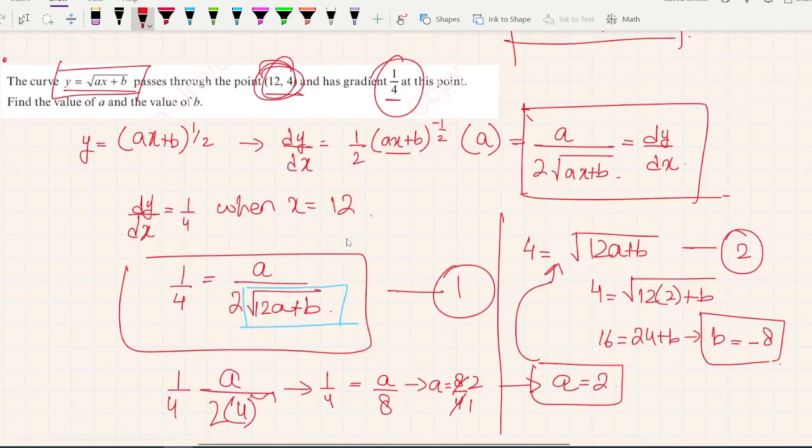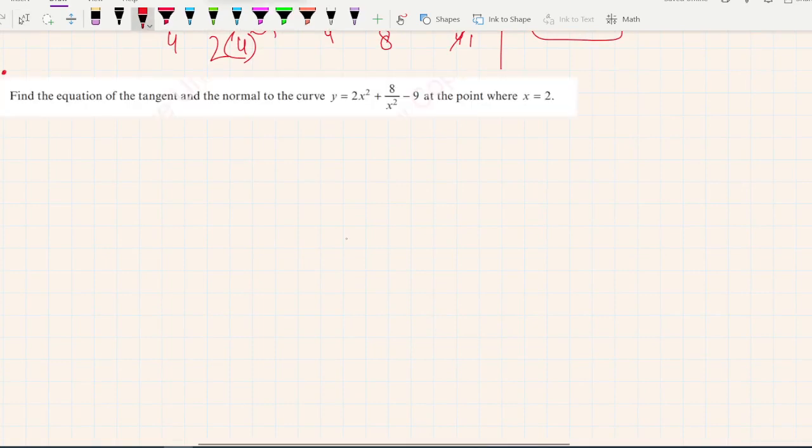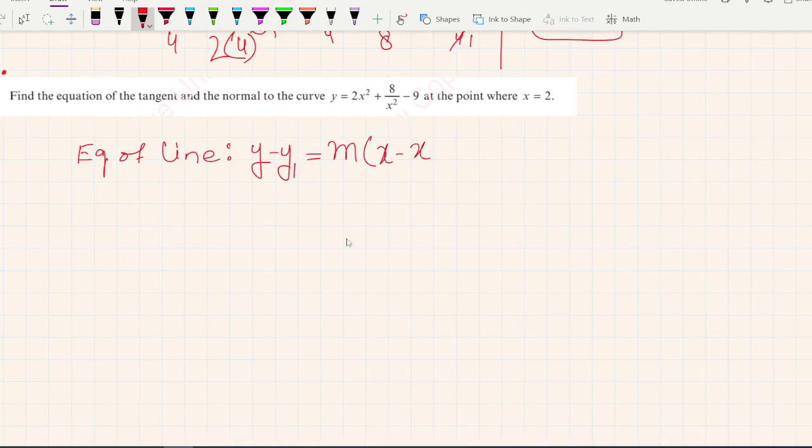For this you need to revise some basic things from coordinate geometry. For example, to find the equation of a line, the formula is y minus y1 equals to m times (x minus x1), right?